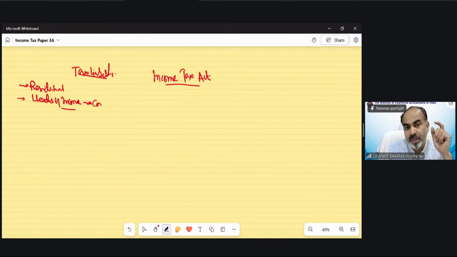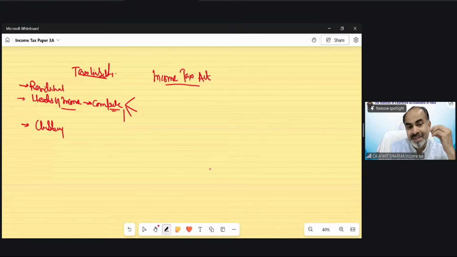So you would be able to compute the relevant head income, whether it's salary, etc. After heads of income, you must understand how to apply the clubbing provision, if there is any relevant information regarding it, how to go for set off provisions, which includes intra-head, inter-head, and of course the deduction concept.